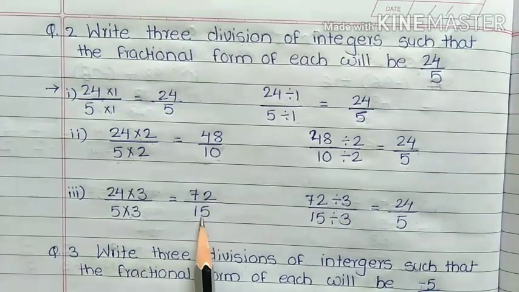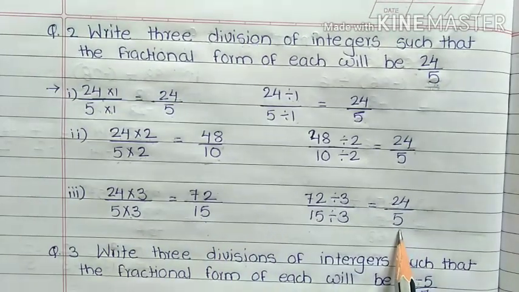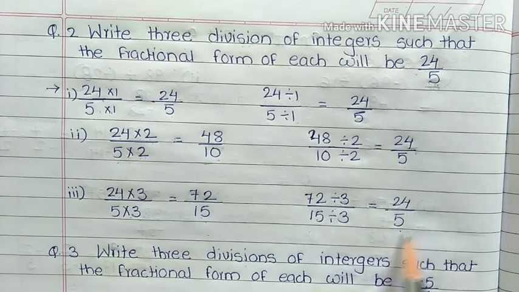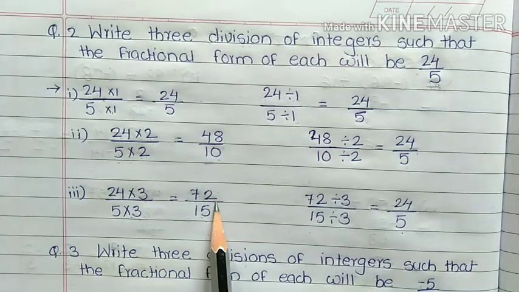Now 72 upon 15 divided by 3 gives the answer 24 upon 5. Clear? So what is my final answer? The 3 divisions of integers such that the fractional form of each is 24 upon 5 are 24 upon 5, 48 upon 10, 72 upon 15.